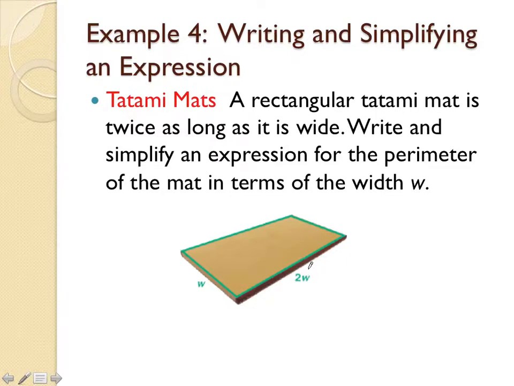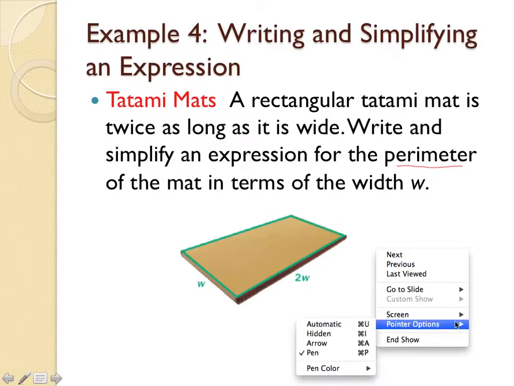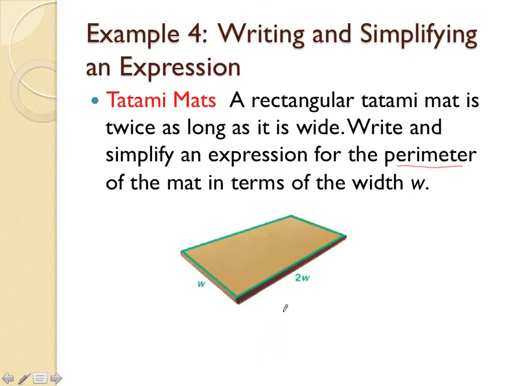All right, so the first thing we need to do is we're talking about perimeter. Hopefully you know that when we talk about perimeter, we're talking about the distance around a shape. The distance around. Our expression has to represent the distance around.